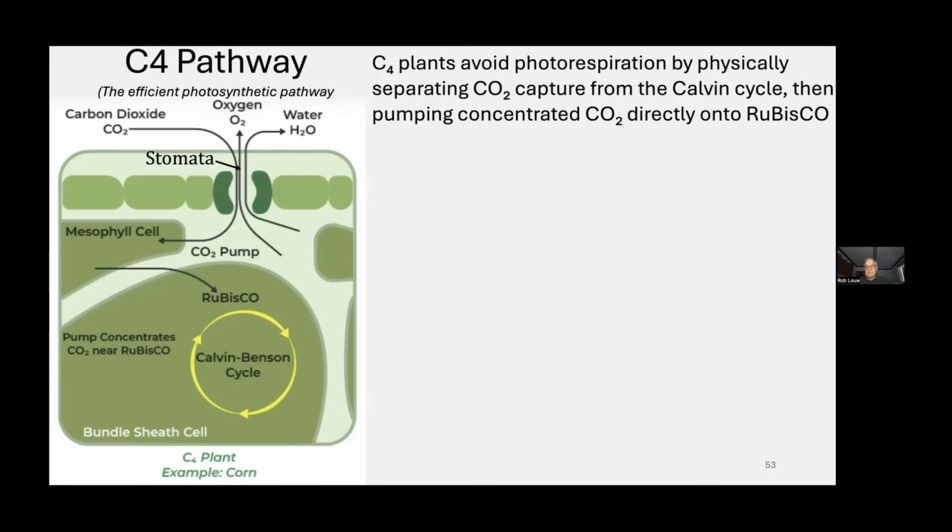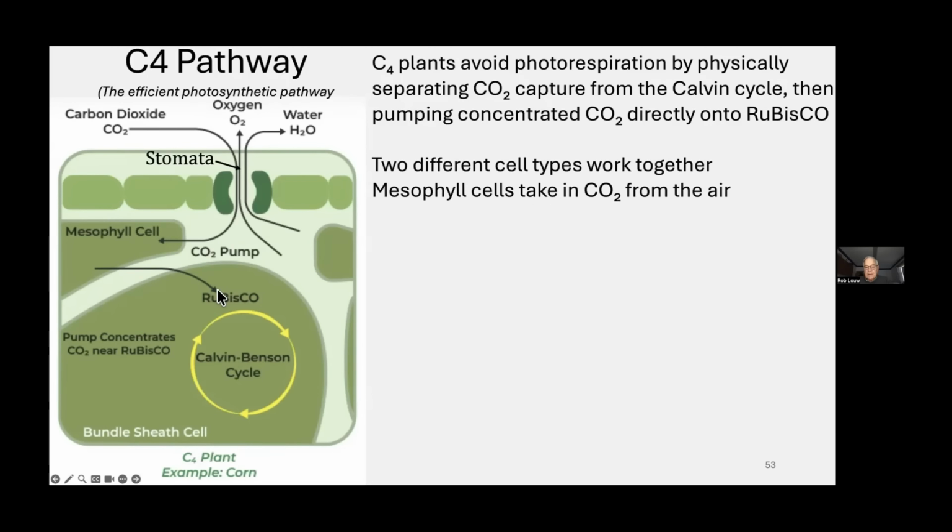And here are the steps. They physically separate carbon dioxide from the Calvin cycle and then pump concentrated carbon dioxide directly into the Rubisco in this little process that happens on the side here.